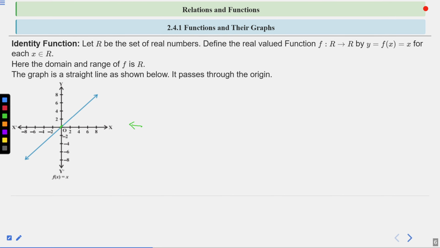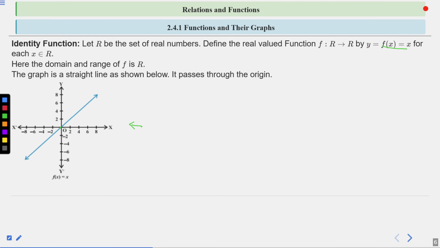Yes. Now for other inputs, if you give input as 1, then output will also be the same, 1, by this definition. So for input 1, the output is also going to be 1. So (1, 1) pair. Now for 2, (2, 2). Yes.